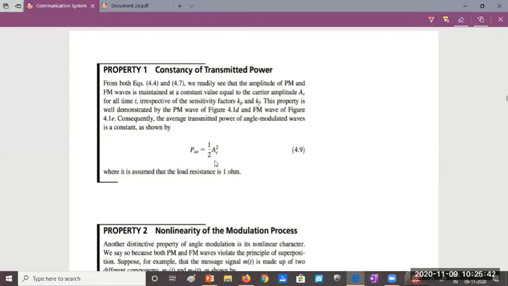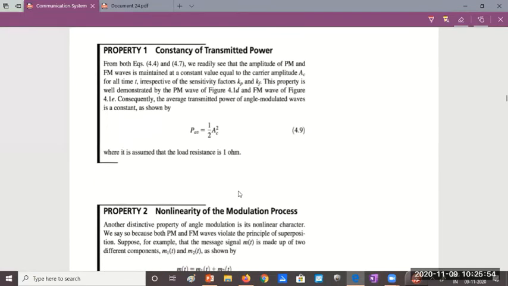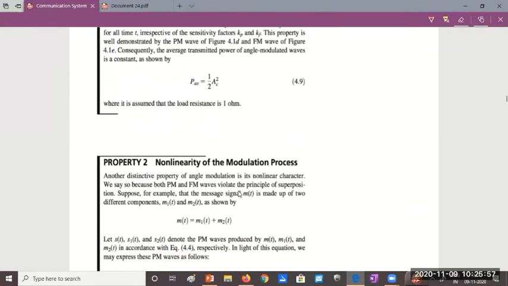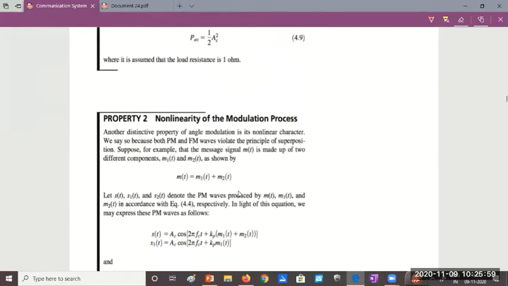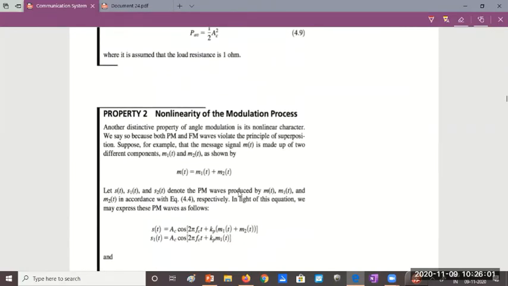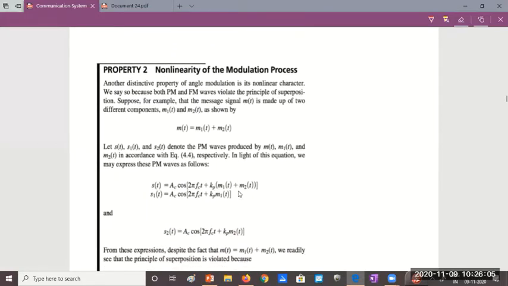In this case, if I considered R as 1 ohm, it will just be AC square by 2. So please remember, in an angle modulated signal, be it phase or frequency modulation, the transmitted power remains constant, almost constant. Let me say that. Any doubts there? Okay. Actually, okay, there can be a valid doubt.